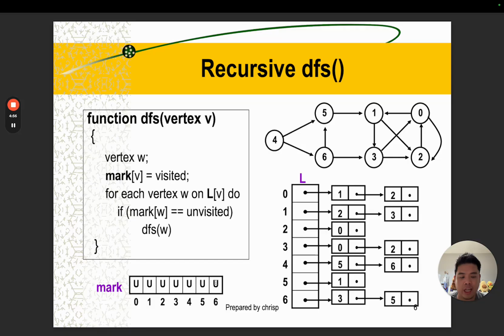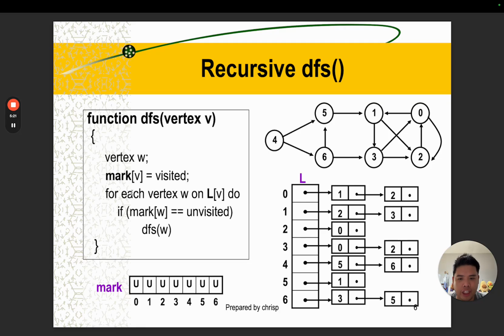So initially, mark will have an array containing unvisited nodes. Okay? So the start of DFS is we start by setting vertex V to be visited. So let's say we are starting at vertex 0. So I just need to set 0 to be visited. Very easy.